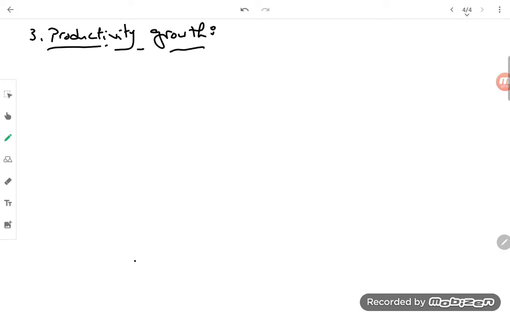What about number three, productivity? Productivity means average output per hour of work.